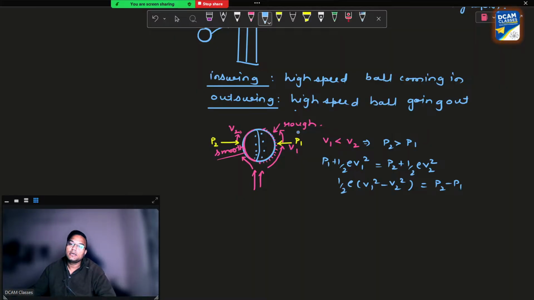That means, if this kind of thing is there, when this part is smooth and this is rough, P2 is greater than P1.